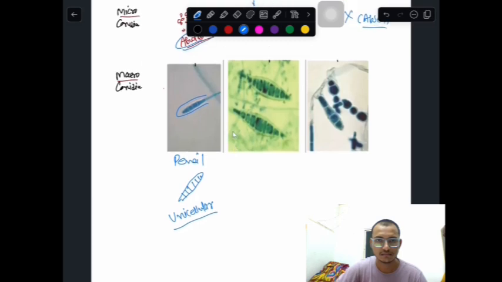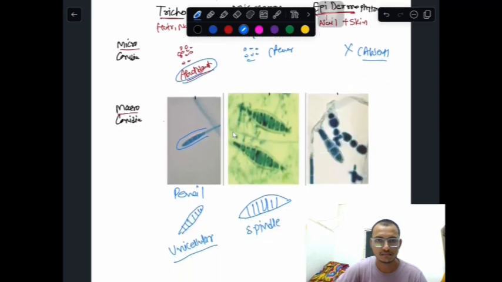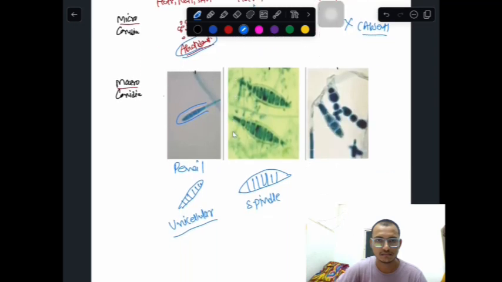Microsporum, with hair involvement, has a spindle shape. And this one, with nail involvement, looks like this. We call this club shape, because it looks like the nails.